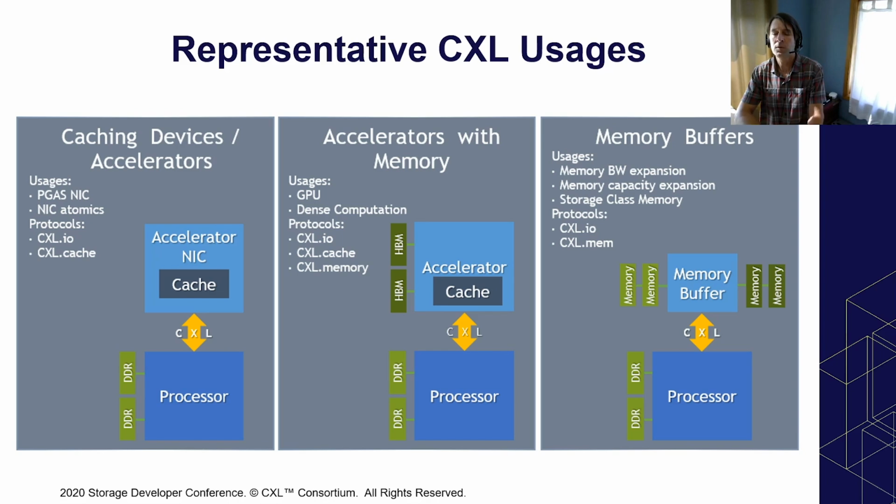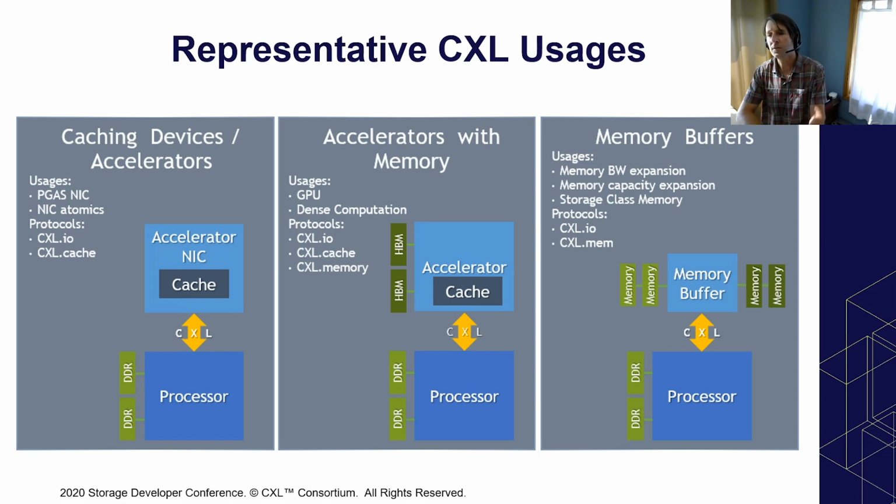We call it host-managed device memory, but it's coherent memory with respect to the host processor, attached to this accelerator. In this case, the accelerator still has a cache. It can do cacheable access to all of system memory, including its directly attached HBM that's exposed as system memory. And the host processor will use the CXL memory protocol to access the memory within the accelerator. I'll discuss this more at the end of the presentation.